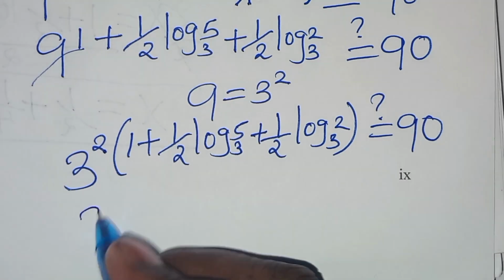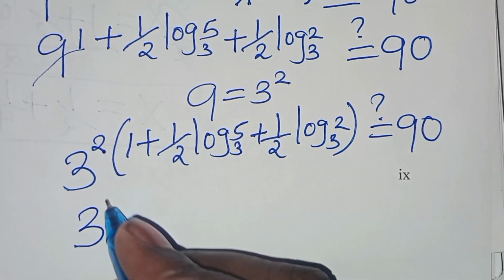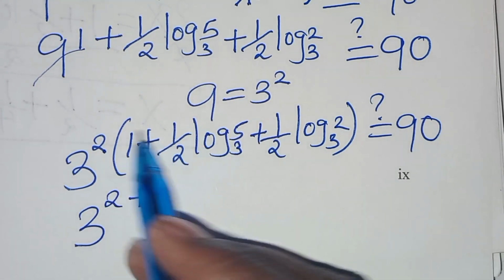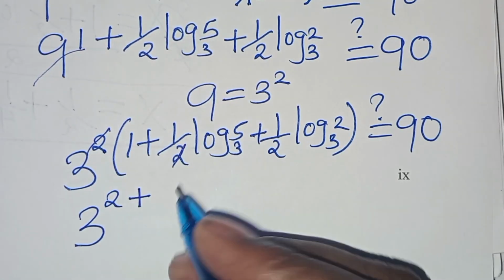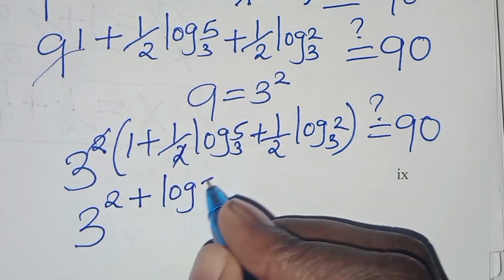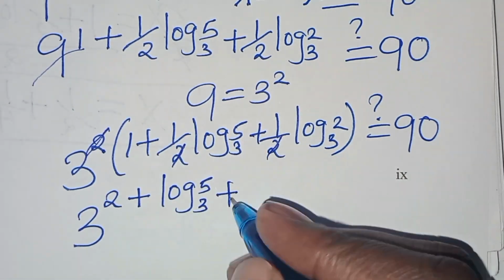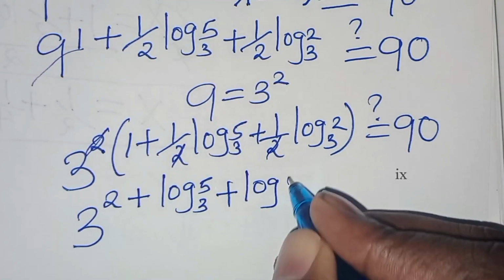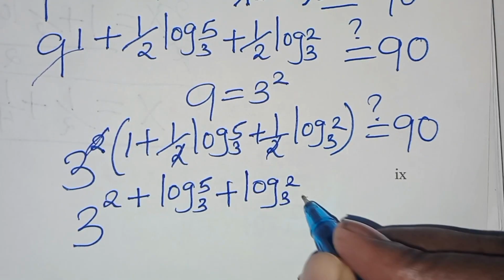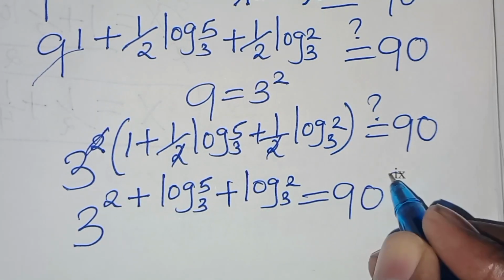So now this is the same thing as 3 to power 2 times 1, this is 2, plus, now 2 times a half, this is the same thing as log 5 to base 3 plus, now we simplify 2 and 2 here, so this is the same thing as log 2 to base 3. This is supposed to give us a value of 90.